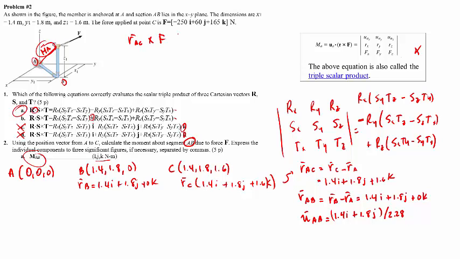cross F, I already gave you the F, and then this would give me the moment about A, and then if I want the projection along AB, then I do the dot product.